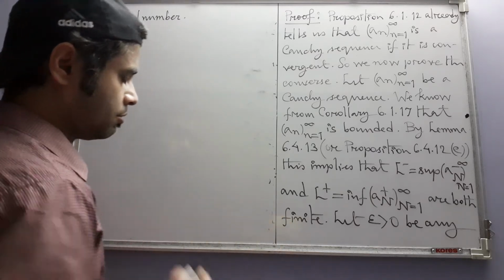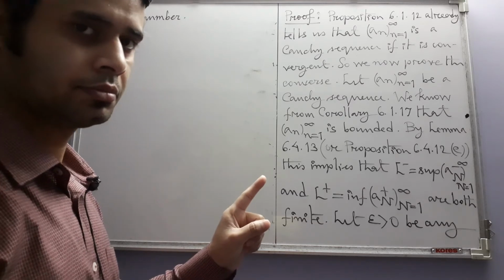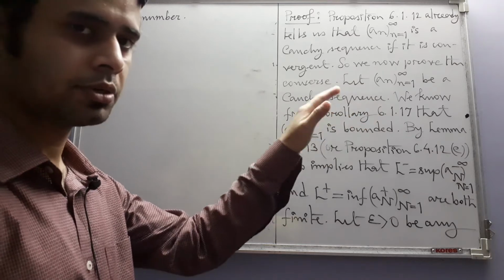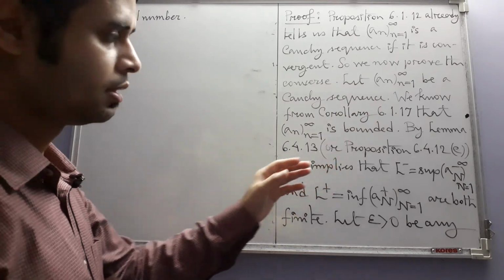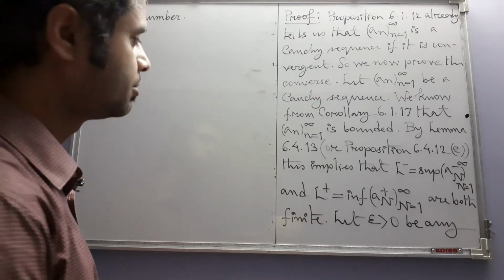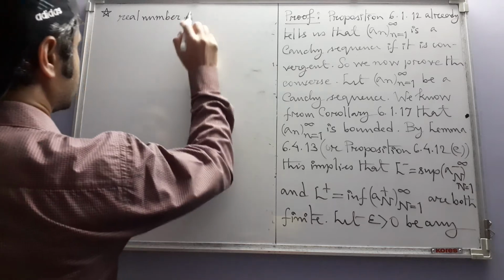Now we have used Cauchiness of the sequence once, namely where we concluded that because the sequence is Cauchy, it is bounded. But now we are going to use the definition of Cauchiness itself.